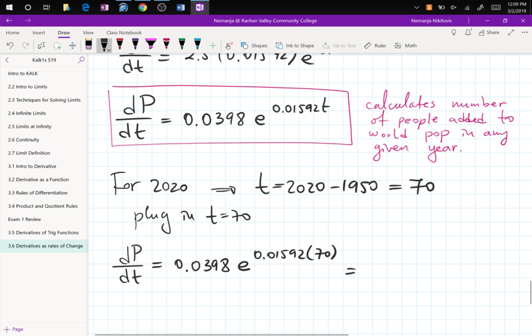So we have 0.0398 times e raised to the open parenthesis 0.01592 times 70, close parenthesis. That gives 0.1213 billion.